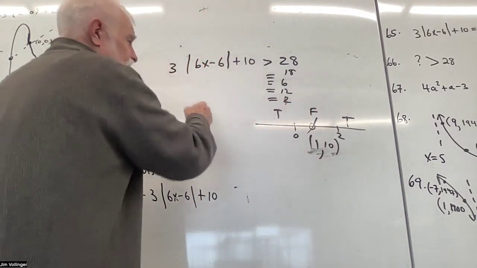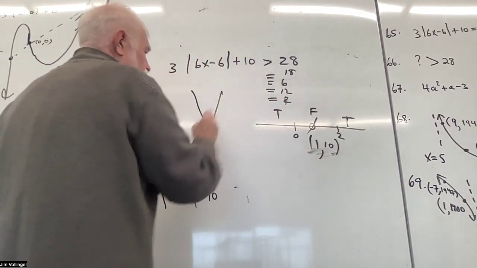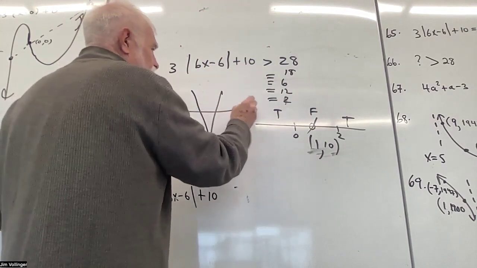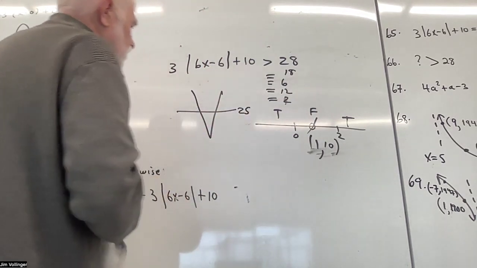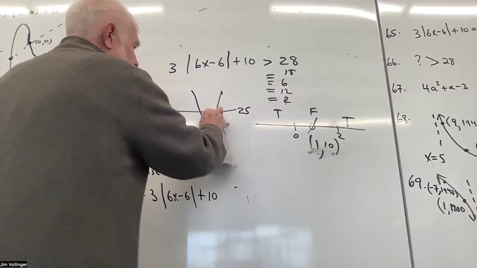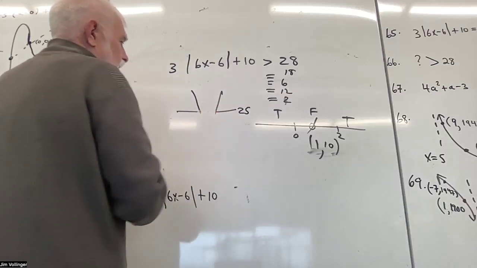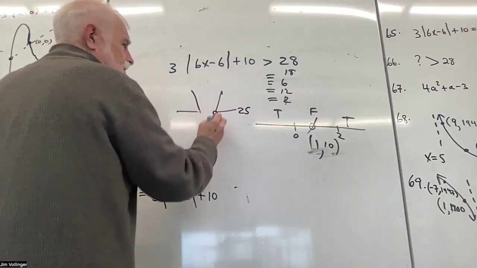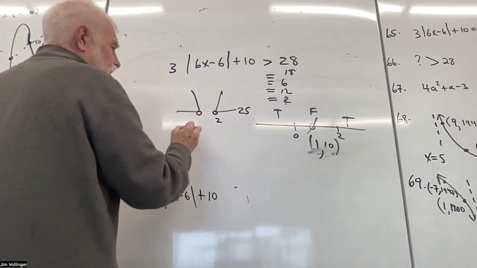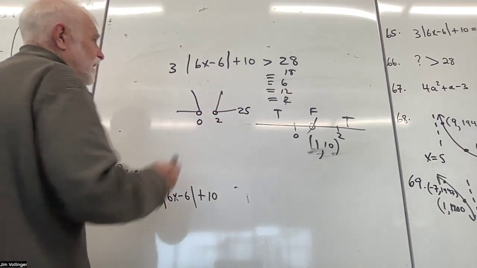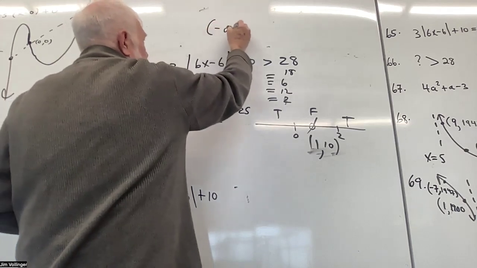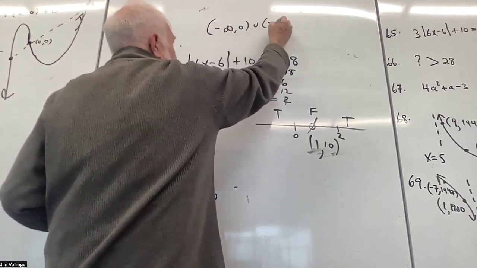Okay, because it's V-shape up, and when am I bigger than 28? Bigger than 28 for those x values, the ones starting here at 2 and starting here at 0. So my answers are negative infinity to 0, union 2 to infinity, yes or no?